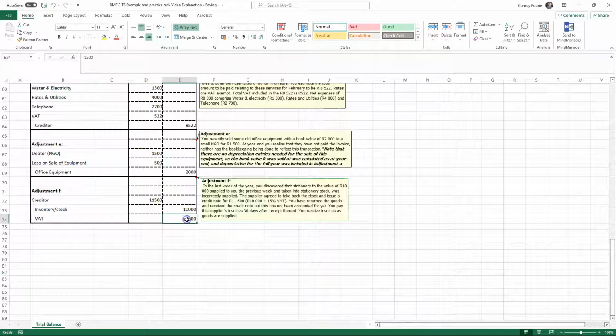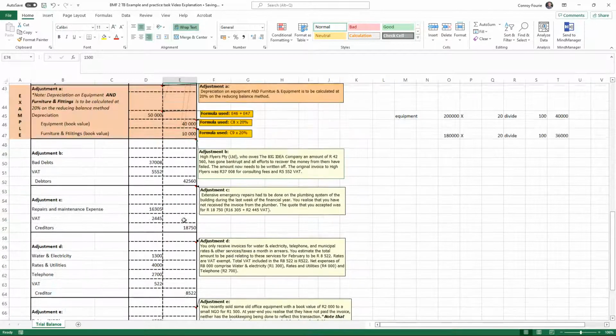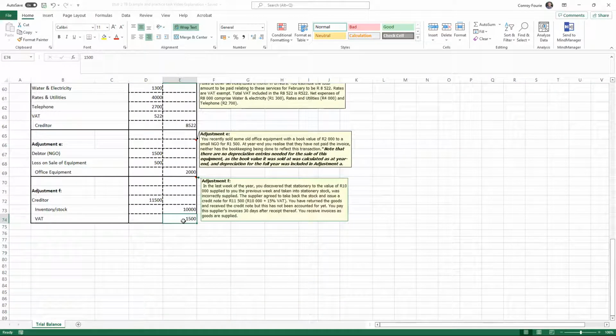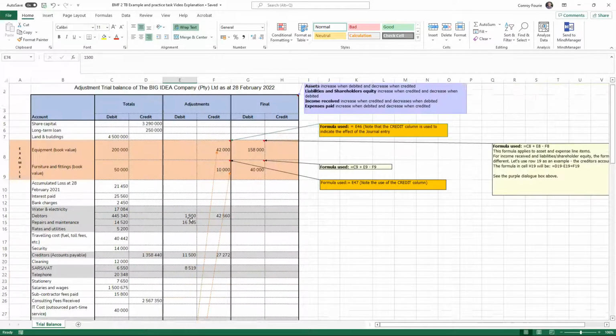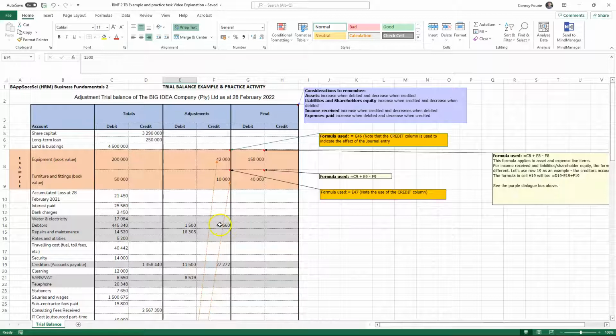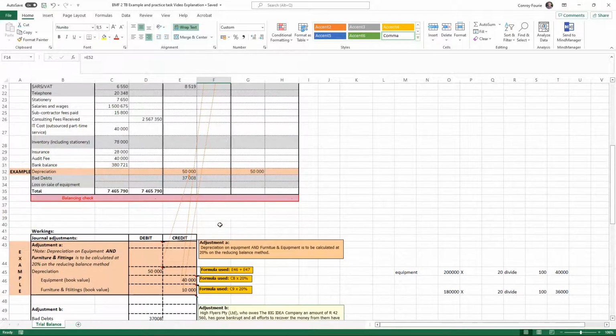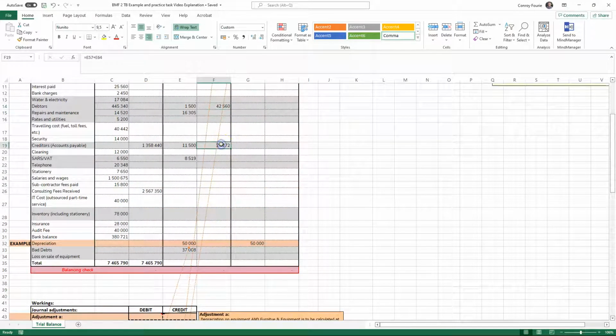There's the VAT of 1,500 Rand on the creditor for stock. So it is D74, I mean E74 rather.